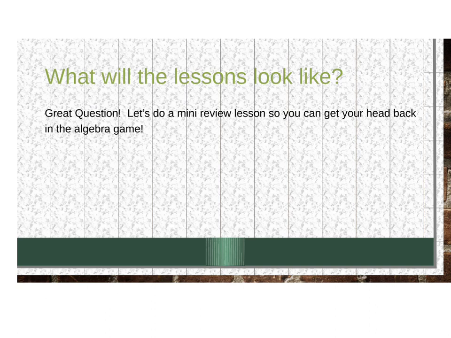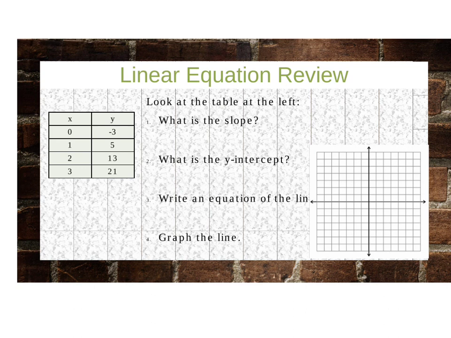What will the lessons look like? Well, that's a good question. And so, we're going to do a mini review. Linear equation review. Let's look at this table at the left. What is the slope? Remember that slope is the change in y over the change in x.